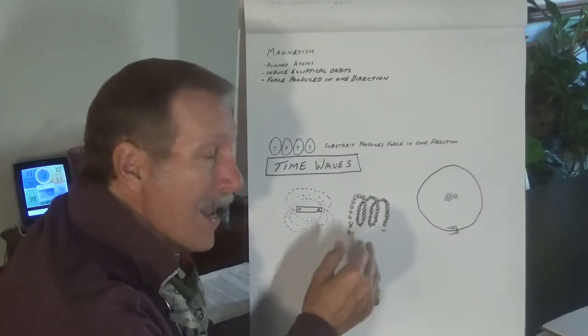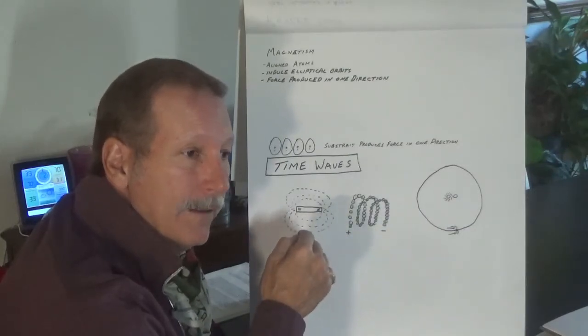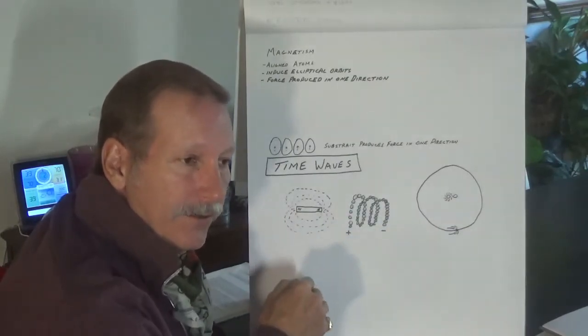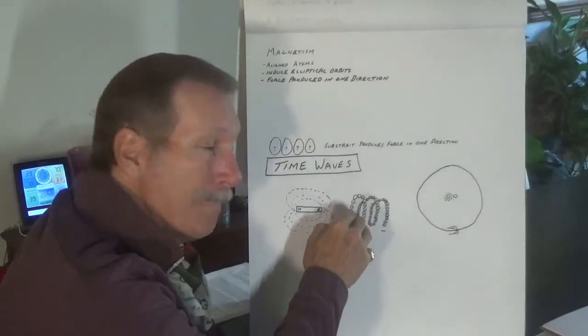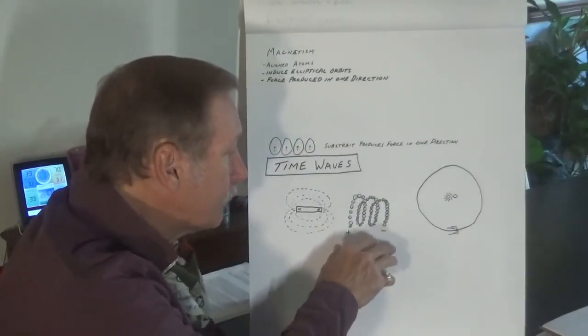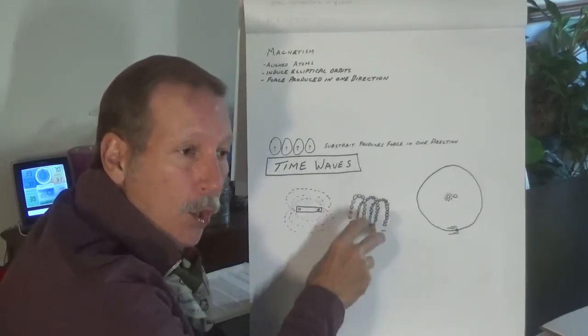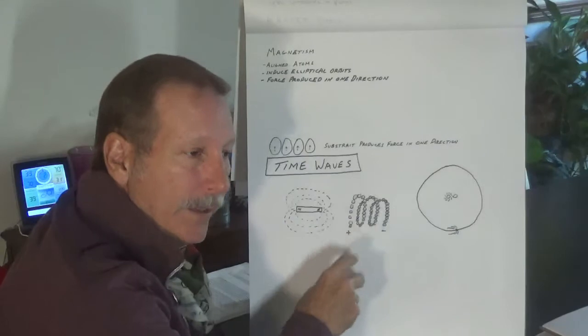That's how you manage to get movement in the atoms and the cells of your body, by time waves inducing elliptical orbits in the atoms, and that causes movement in the whole atom, which is heat, movement.